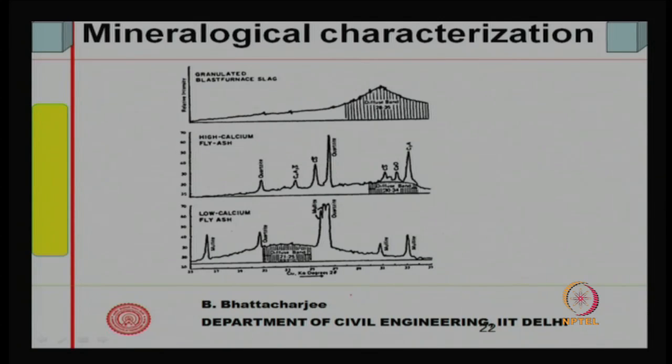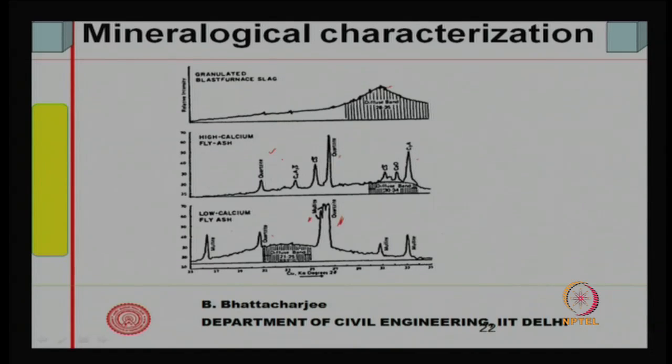So, there is a comparison of all of them. Low calcium fly ash, you see quartzite, mullite, etc. High calcium fly ash, again quartzite peak, etc. But granulated blast furnace slag, you do not get that many peaks except here. So, it is largely amorphous, and you can see this band which actually explains where you have got amorphous material. So, a large quantity of amorphous material is somewhere here.